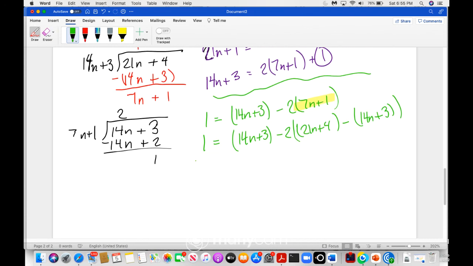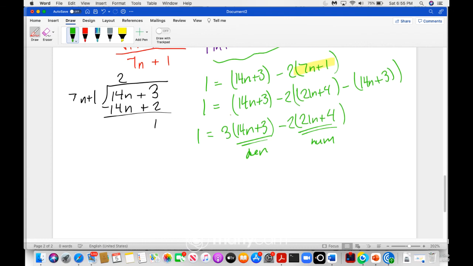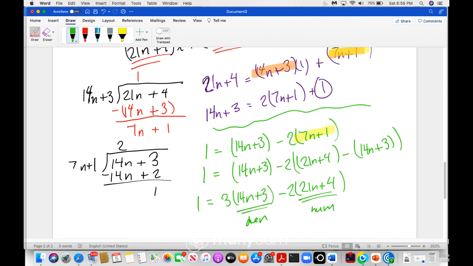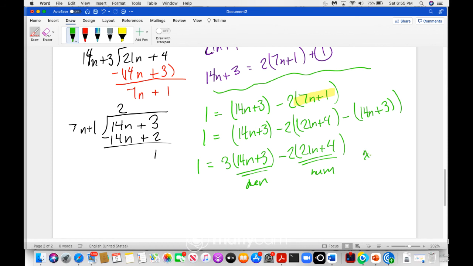Okay, so I get that 1 equals 3 14n plus 3s minus 2 21n plus 4s. So basically, this is the numerator and this is the denominator. We have found x and y such that this works. Because I think the x goes with the 21n plus 4, which means that here x equals -2, which means that y equals a positive 3.